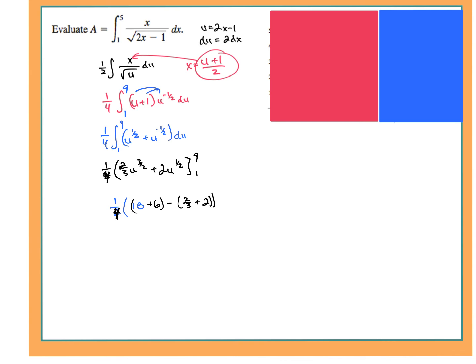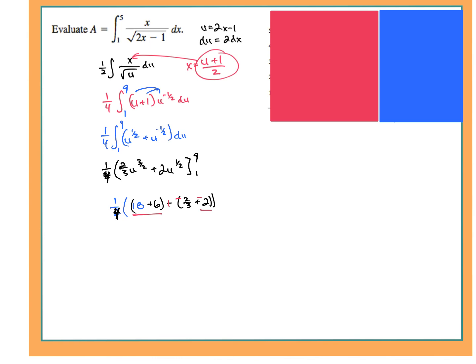I'd like to work with my whole numbers first. So 18 plus 6 plus 2 is 20. Oh, what did I not do? Distribute the negative. So what do we end up getting there?